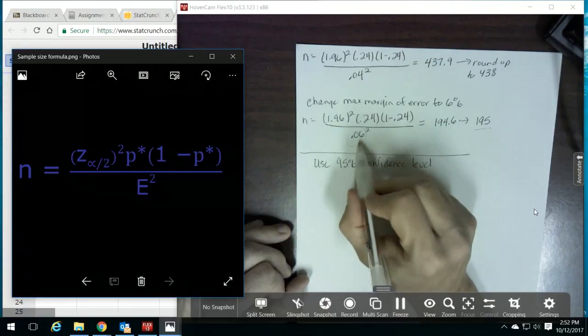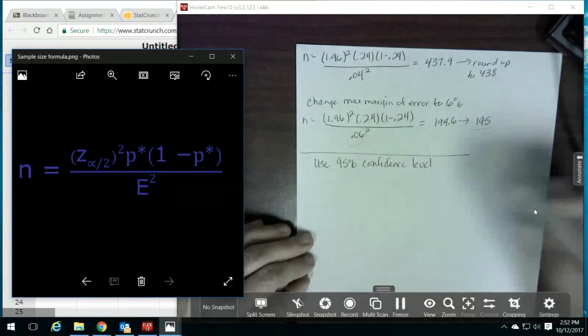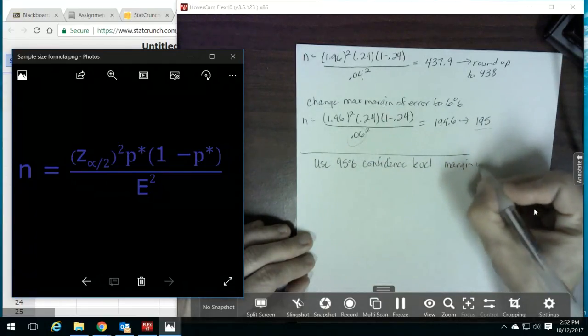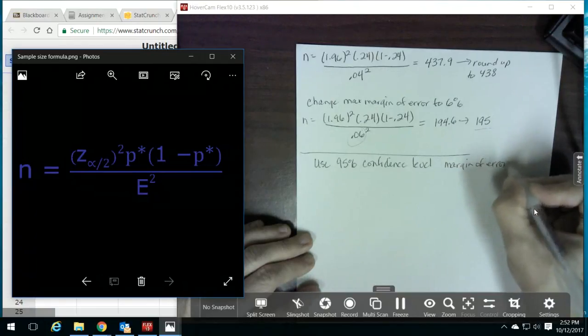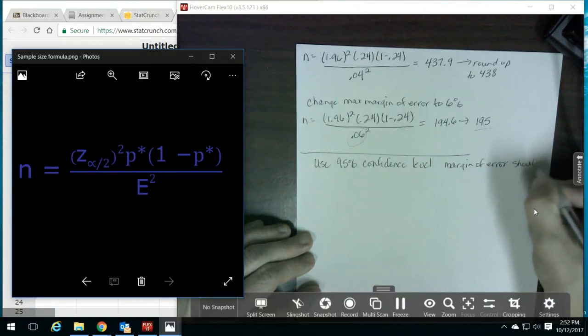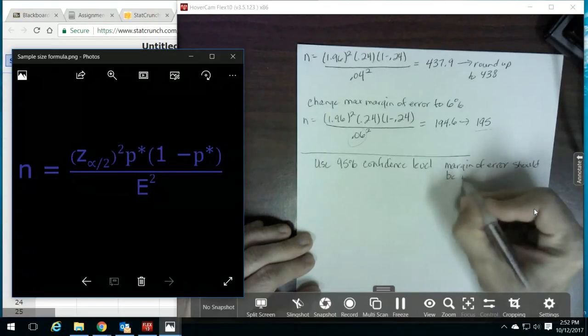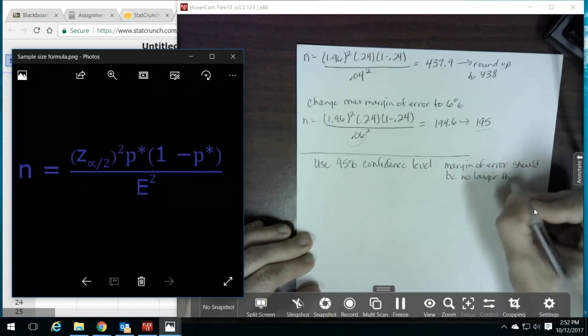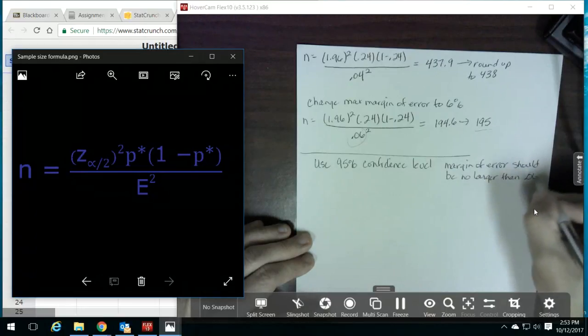If I come out with something bigger than that for my margin of error, then I've done something wrong. So my margin of error should be no larger than 0.06.